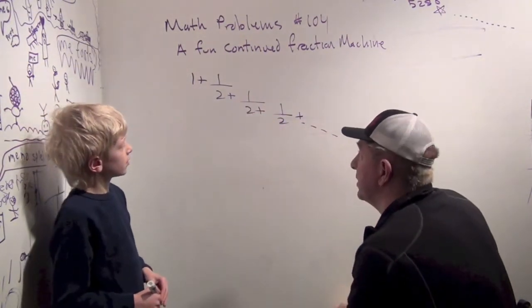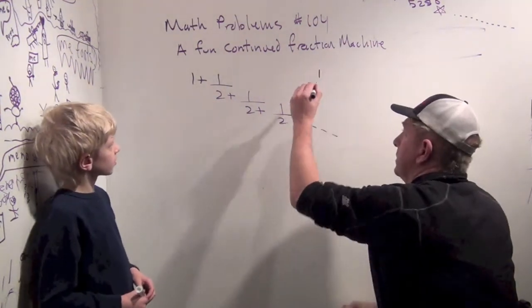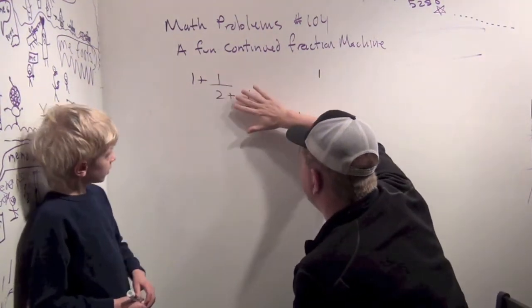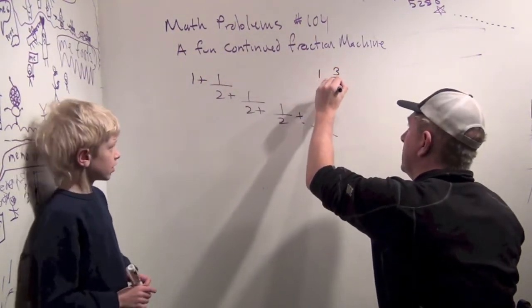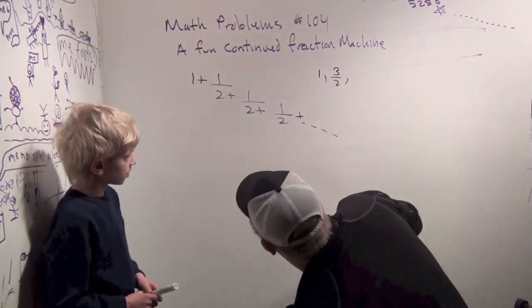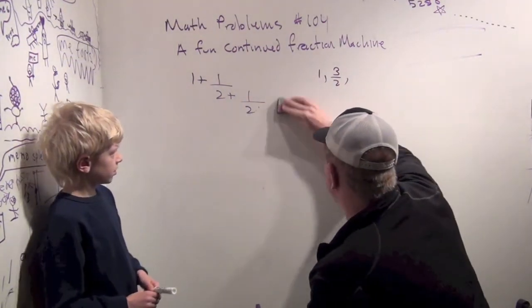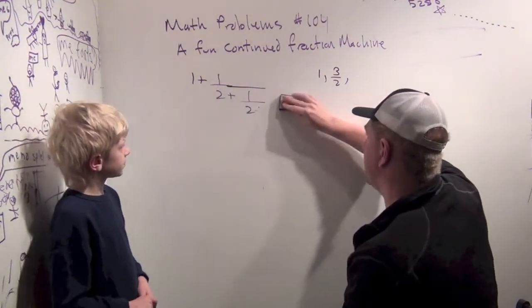We can look at what these look like at the beginning. So it's 1. And how about this one part? It's 3 halves. Now this part's a little more tricky. What do you have to do to evaluate just that part?